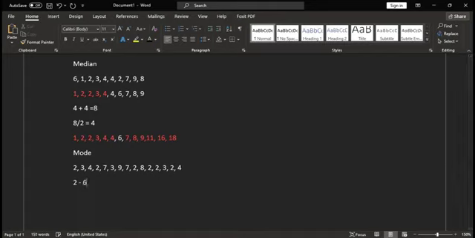Frequency of 6. 3, let me use equals so that it doesn't look like minus 6. 3 has a frequency of 1, 2, 3. 4 has a frequency of 1, 2.